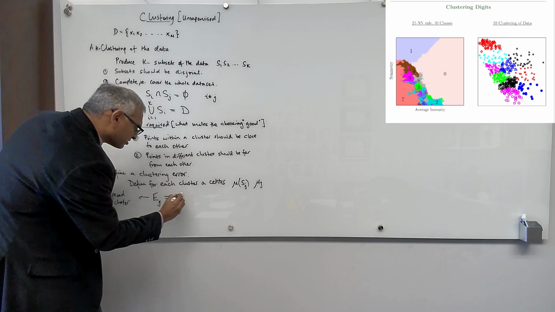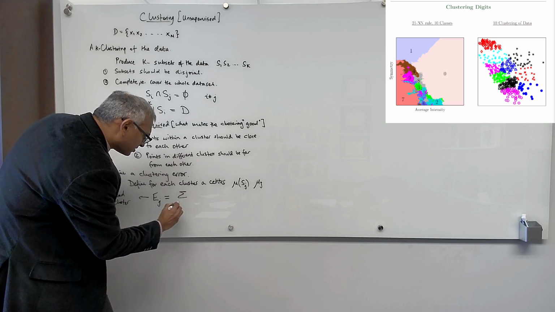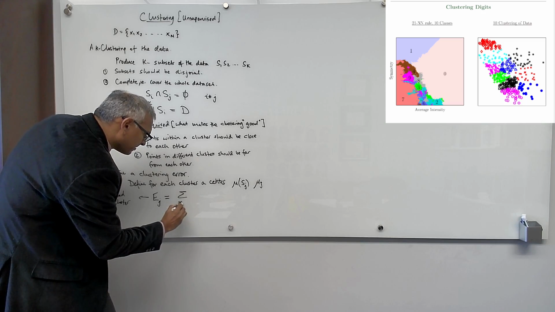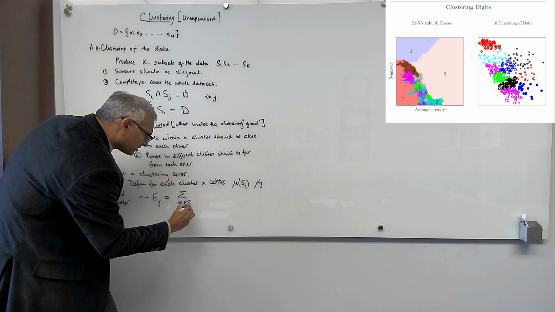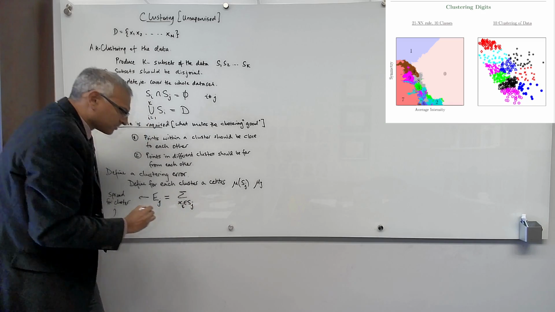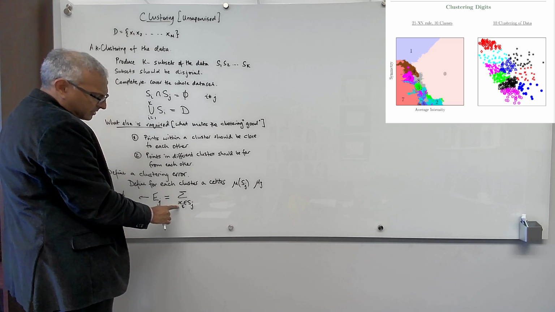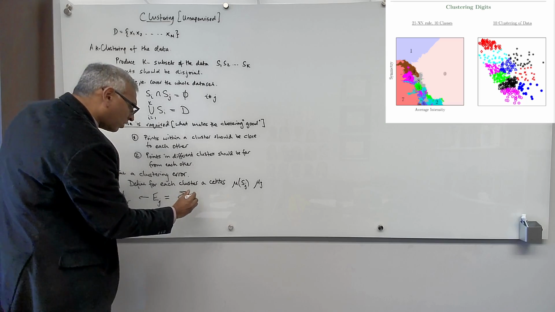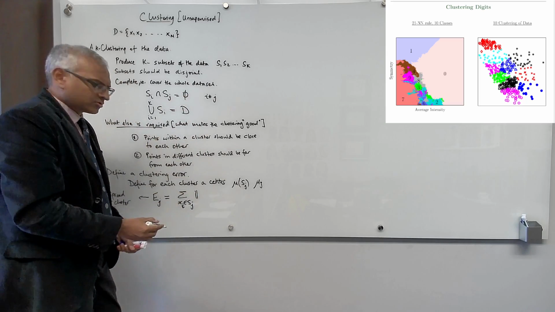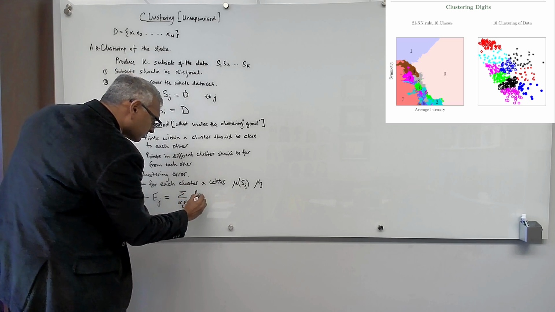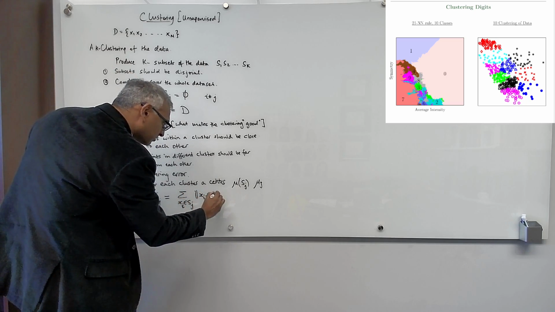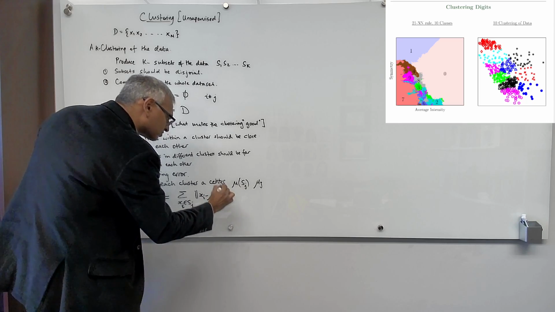So it's the sum, over all data points xi that are in Sj, of the distance to the cluster's center, xi minus mu j, squared.